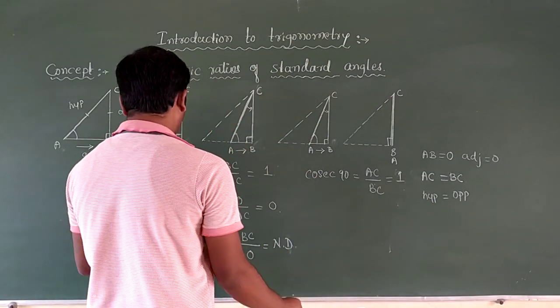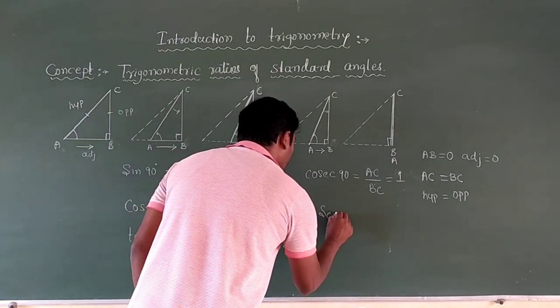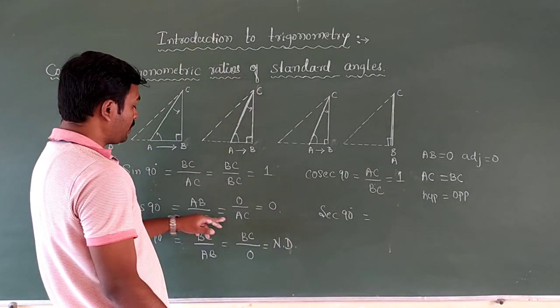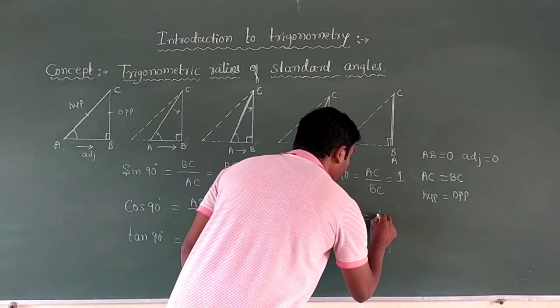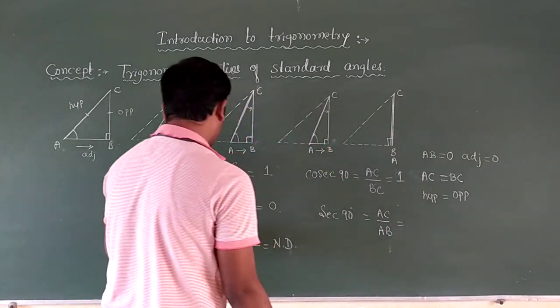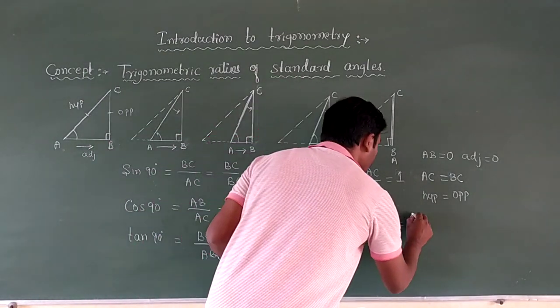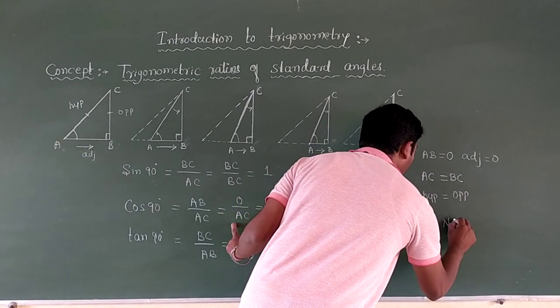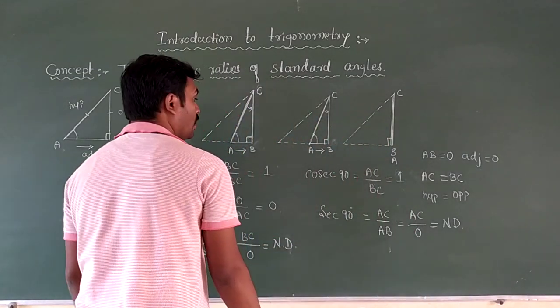Next, sec 90 degree is the reciprocal of cos, AC by AB, so it becomes AC by 0. So this is not defined again.